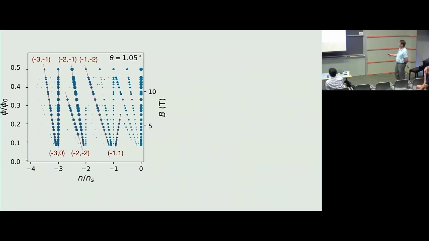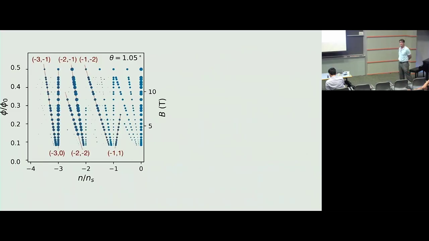Now, if we lower the angle further to 1.05, we find features which do not look like the features that are seen in the experiment. So, for example, although we still see some of these lines, we see others which are absent. For example, we see a strong feature at s equal to -2 and t equal to -1.